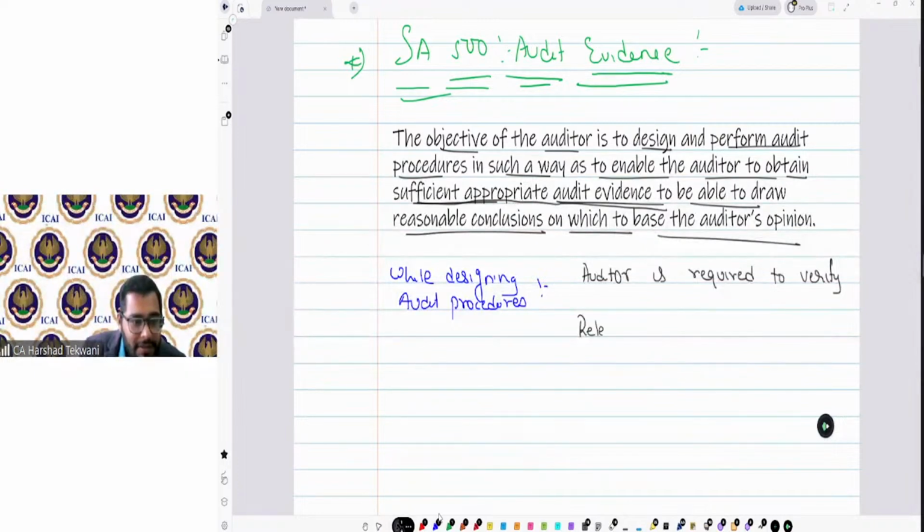First is the relevance of the data or the information. Second is reliability. Relevance and the reliability of the information to be used as audit evidence.